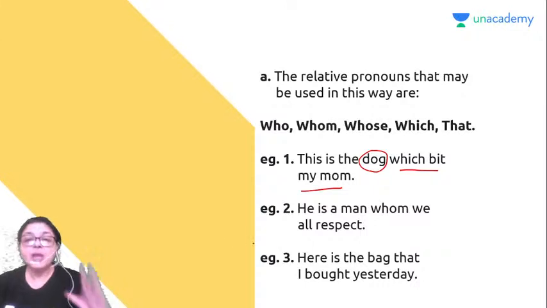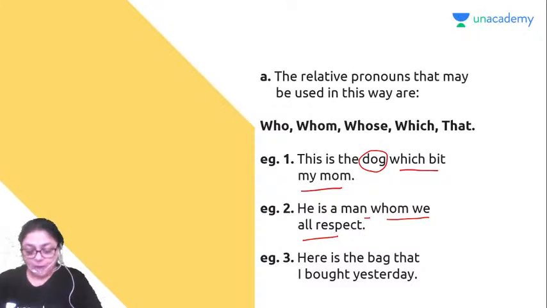Now, he is a man whom we all respect. Yes, the man over here, the man whom we all respect. So again I'm describing the man, my noun. Here is my noun, and I'm describing him, whom we all respect, relative. Now here is the bag.